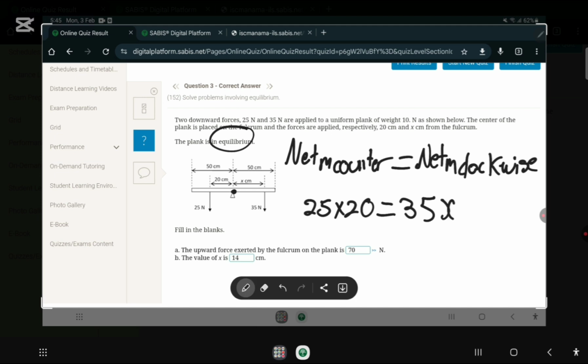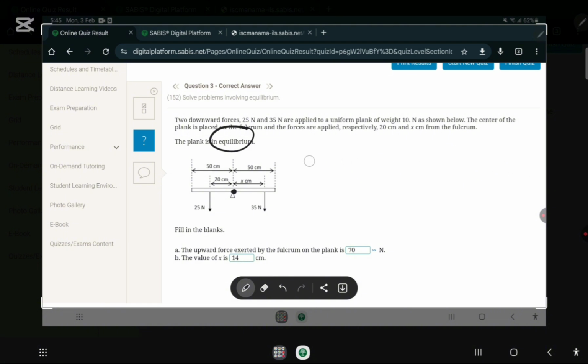So here they ask for the upward force exerted by the fulcrum on the plank. Since it's at equilibrium, all the forces together are equal to the upward force. Since all these forces are going down, you add all of them up and make them go upwards.